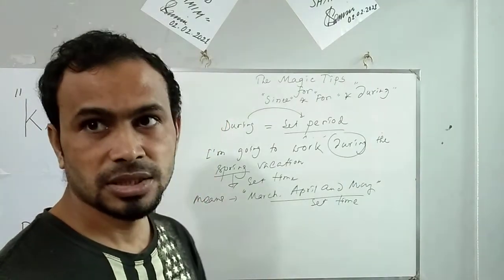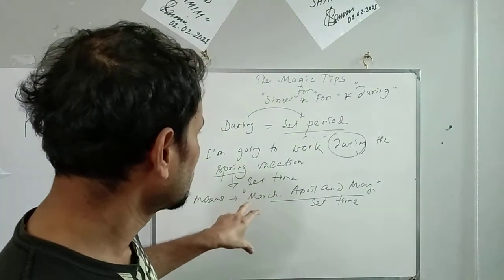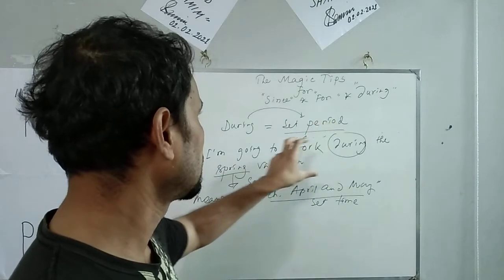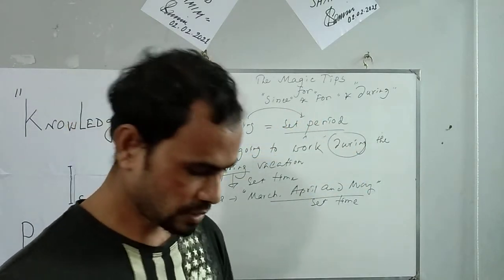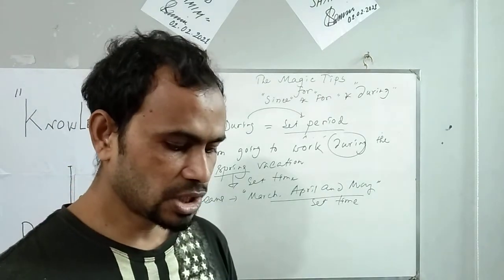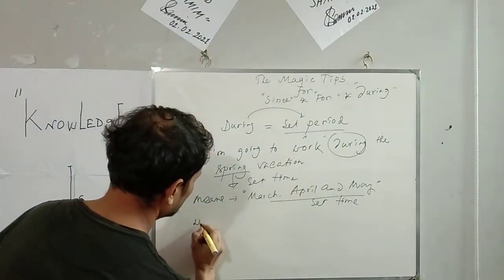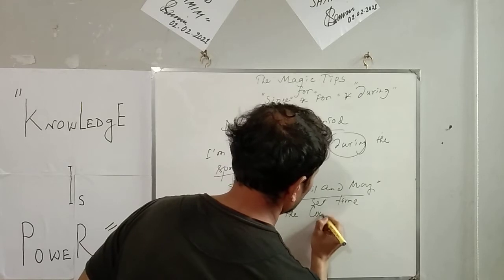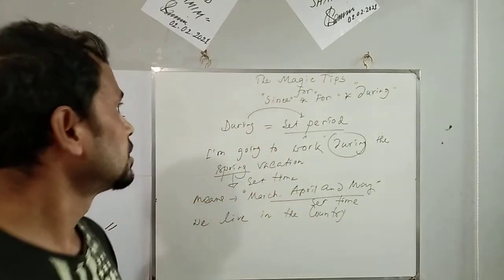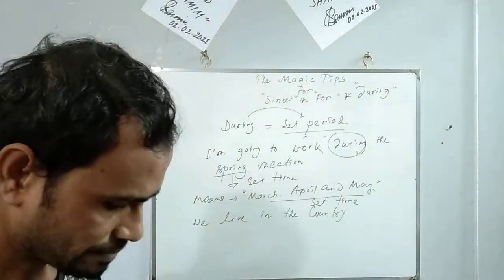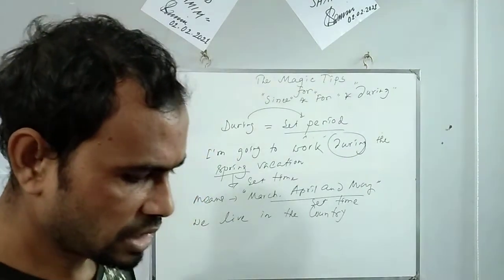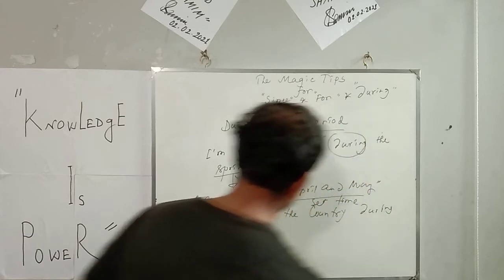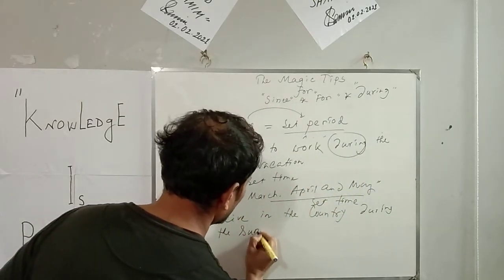And I would like to write one sentence so that you can understand properly about during means set period. Okay, we live in the country. We live in the country during the summer.